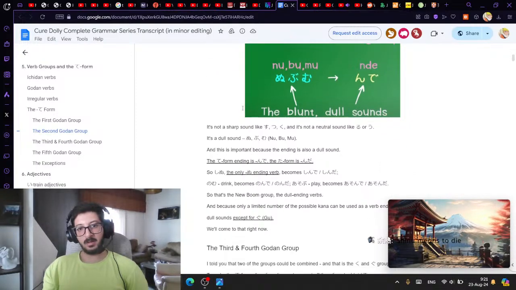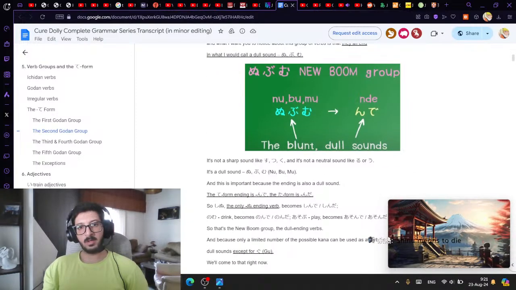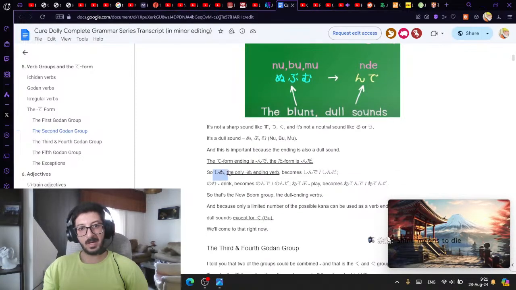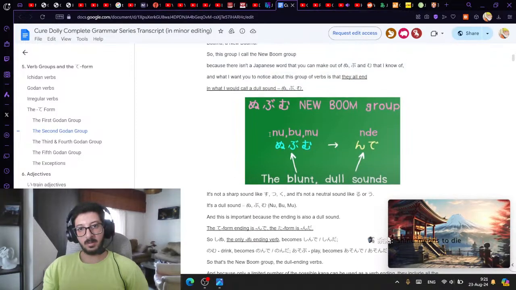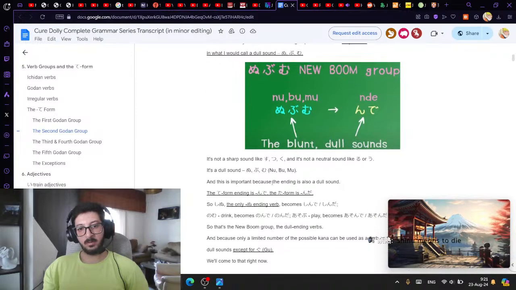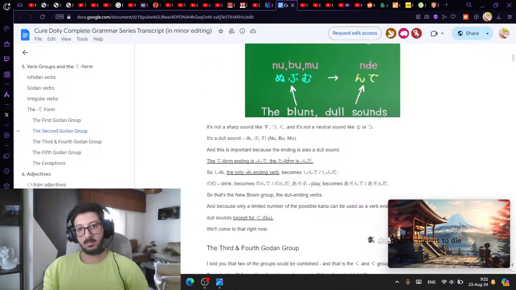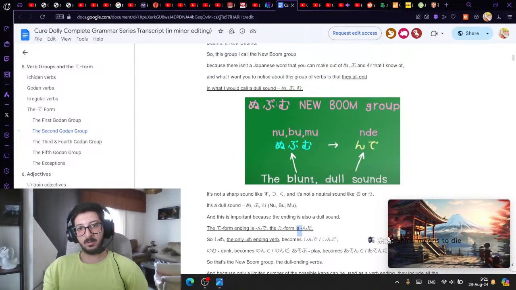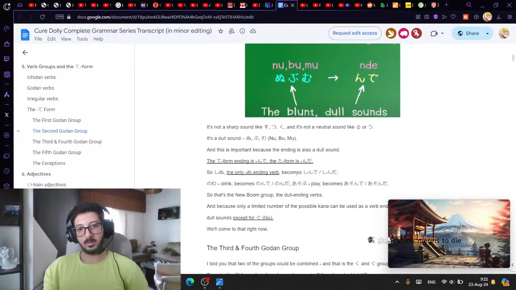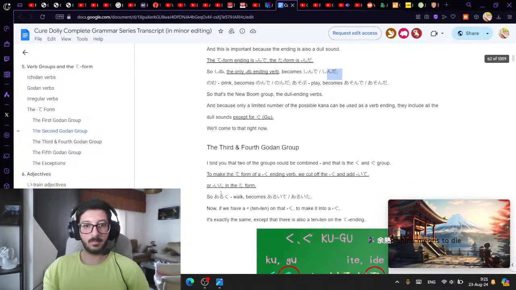You replace the nu ending verbs, of which there's only one, shinu, with nda, nde. And you replace the bu ending words with the same nde, nda. And you replace the mu ending verbs with nde, nda. Easy.